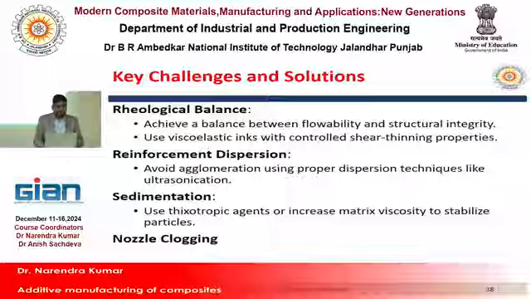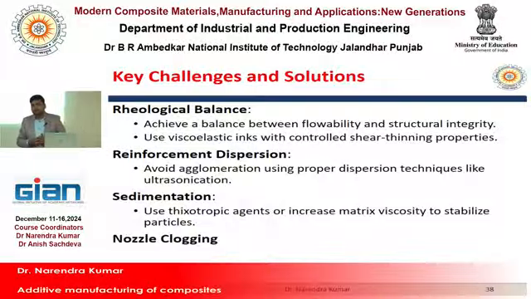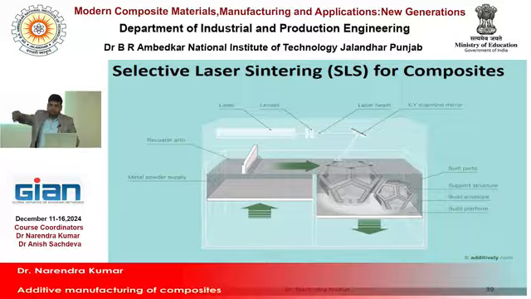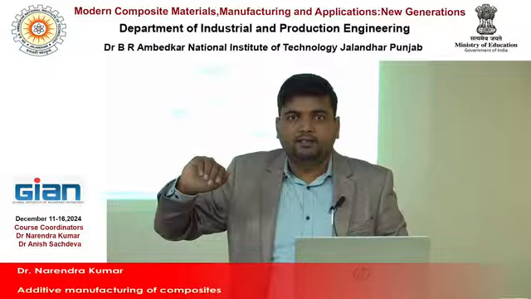And then SLS, selective laser sintering. Here we use material in powder form. From the top we use the laser source, right. The laser beam moves along the X and Y directions, then sintering takes place.